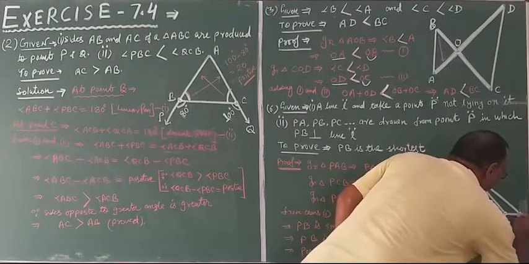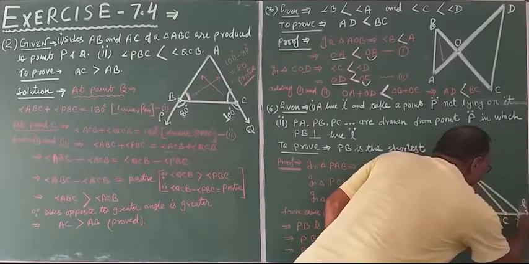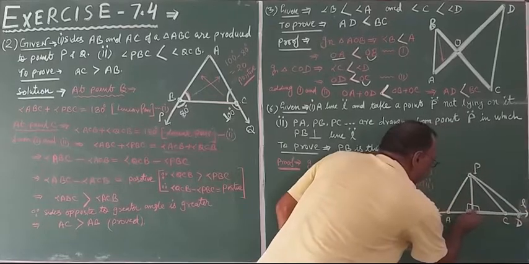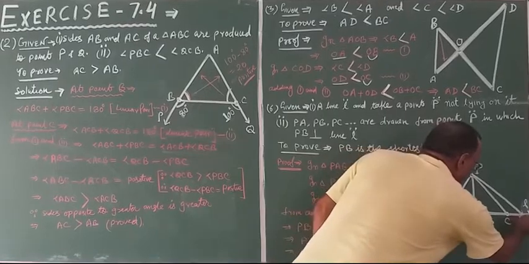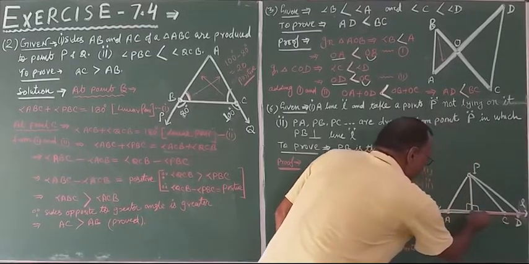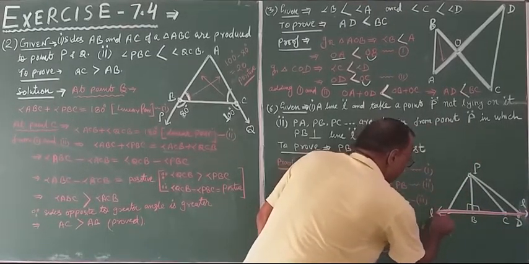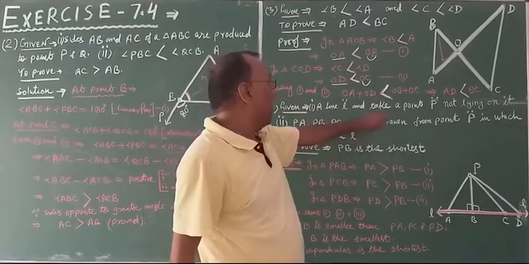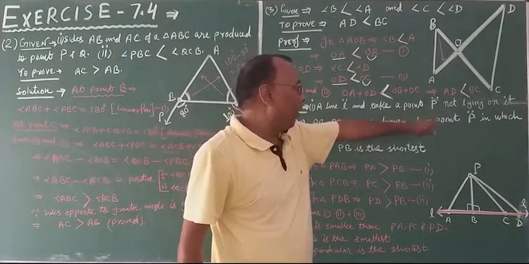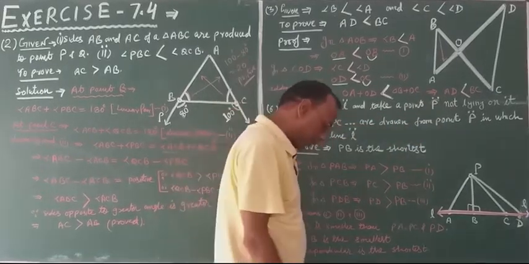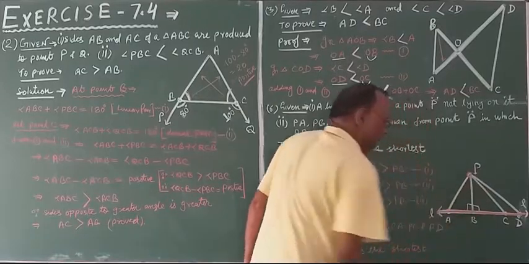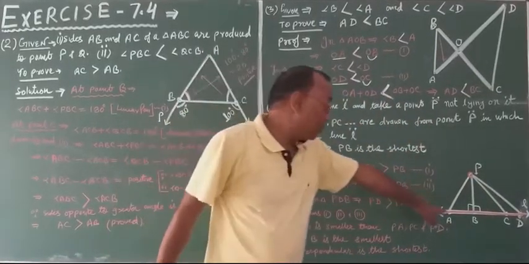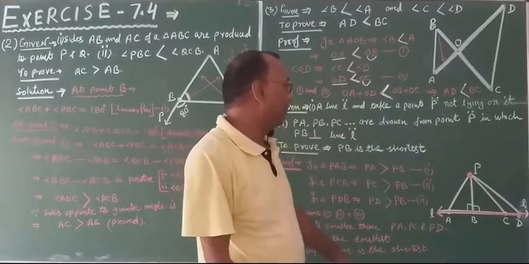This is line L. And now we are taking a point P not lying on it. This is the point P. And this point P is not on this line. Is it okay? This point P is not on line L.